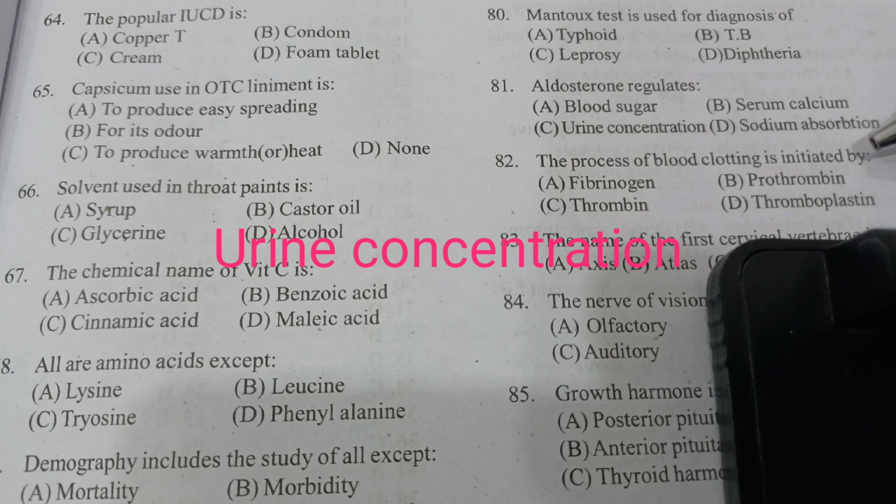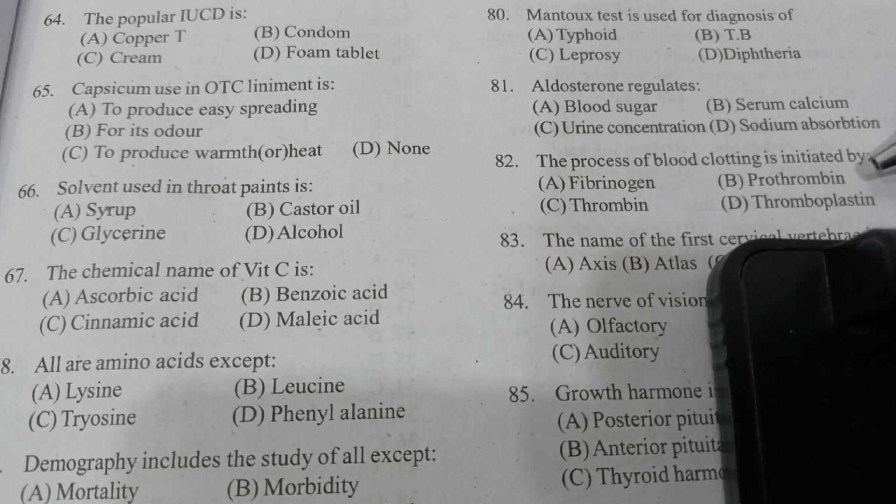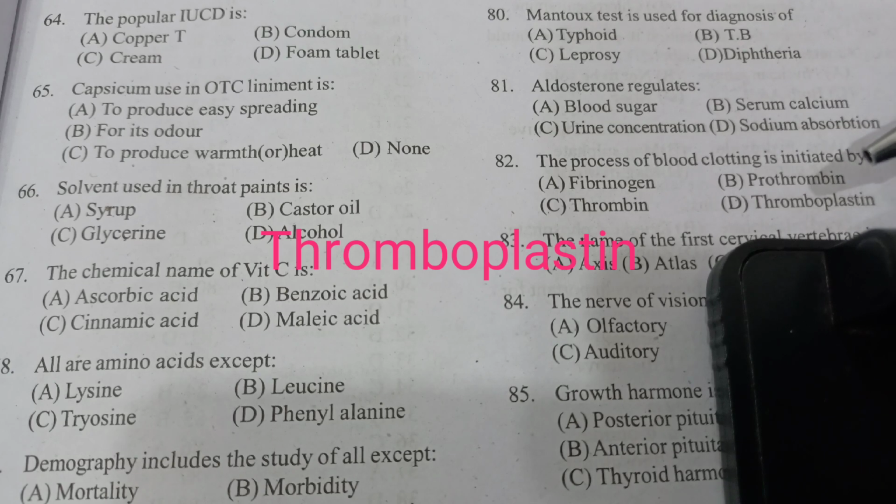82nd question. The process of blood clotting is initiated by fibrinogen, prothrombin, thrombin, or thromboplastin. The correct answer is thromboplastin, also known as tissue factor, which initiates the blood clotting.